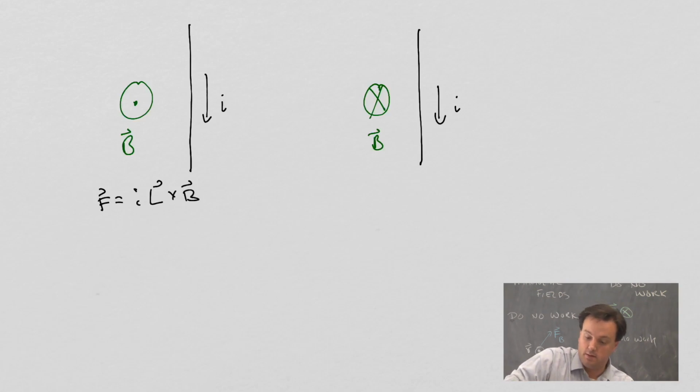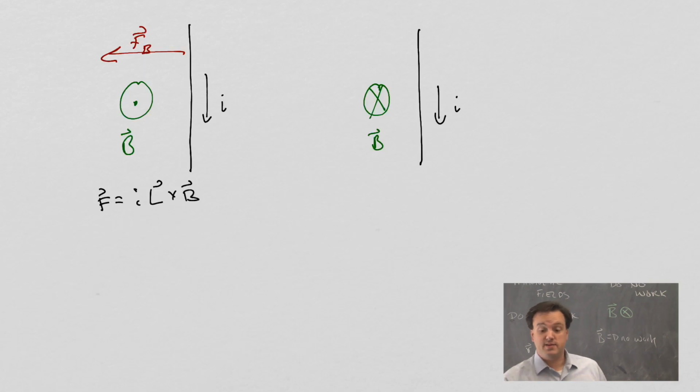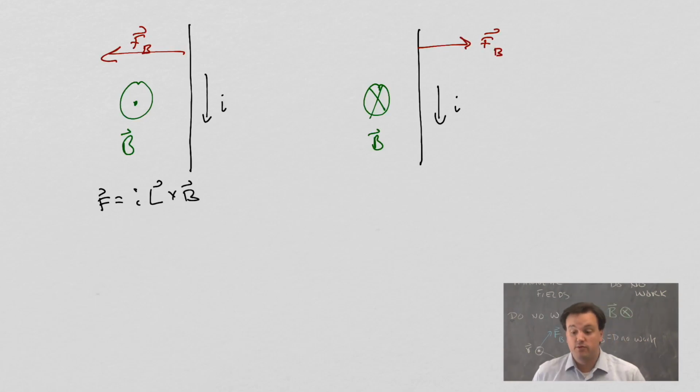Okay. In the other example, I have I pointing downward. I have B now pointing away from us, and my magnetic force is going to be pointing towards the right. And so I see that I still have these cross products to worry about.